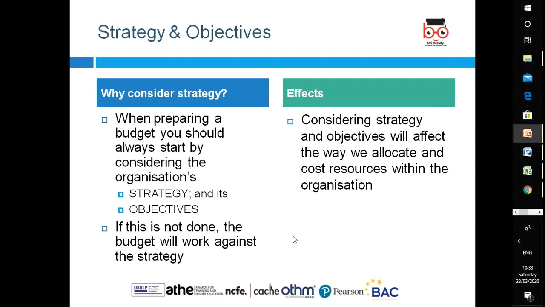When you're preparing a budget, you should always start by considering your strategy and your objective. Considering strategy and objective affects the way we allocate the cost resources within the organization. It gives us a framework for preparing the budget. Any question? No.